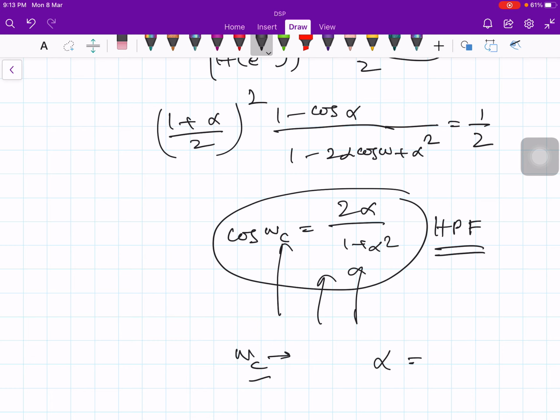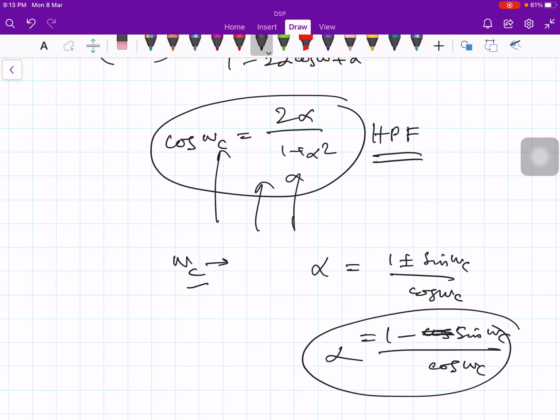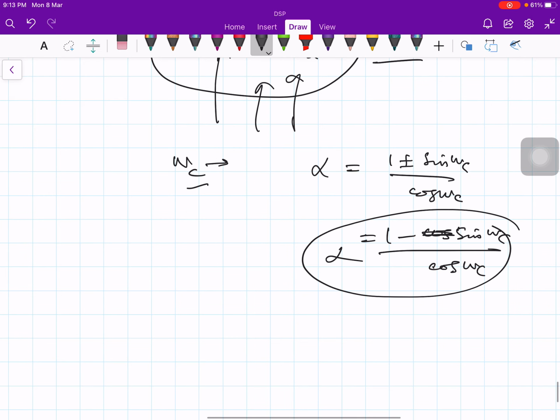So alpha is equal to (1 plus or minus sin omega c) divided by cos omega c. As I said, plus will not give the acceptable value. Therefore we need to consider (1 minus sin omega c) divided by cos omega c. This is my alpha. You can do this algebra and solve some numerical examples, and you'll get a very clear idea. So that's all about low pass filter and high pass filter.